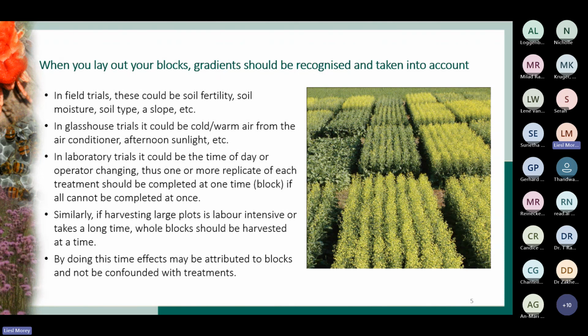You won't want another person to come in halfway and analyze those samples. Similarly, if you harvest large plots in a field, and you can't do a whole trial in a day, then you would harvest whole blocks at a time. By doing this, time effects may be attributed to blocks, and will not be confounded with your treatments.